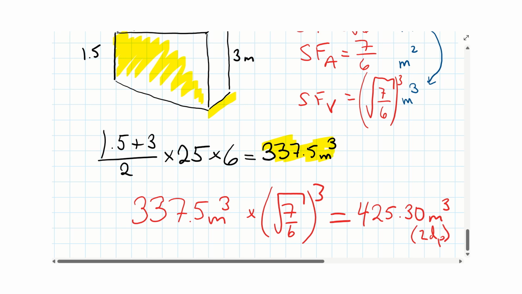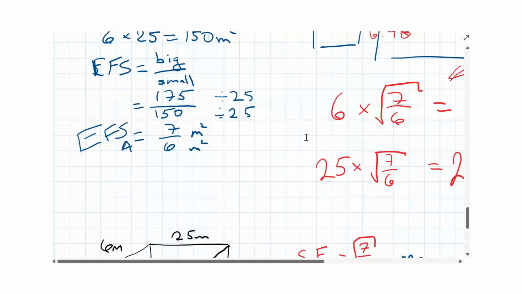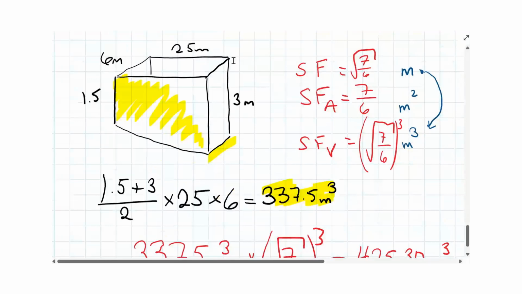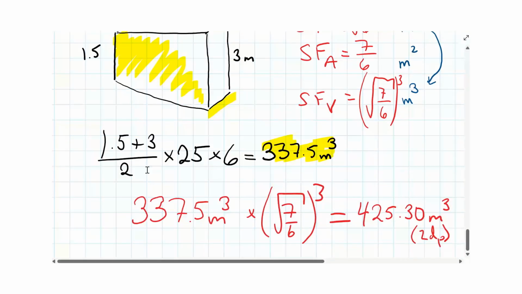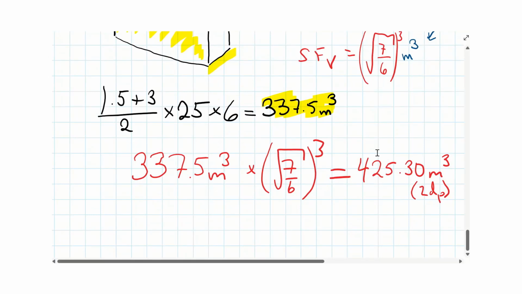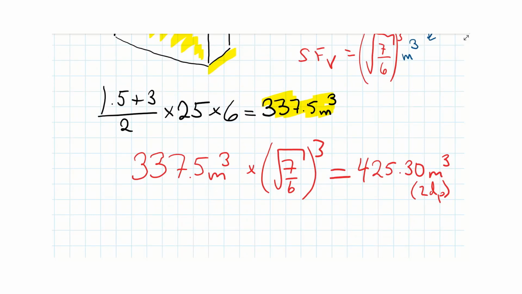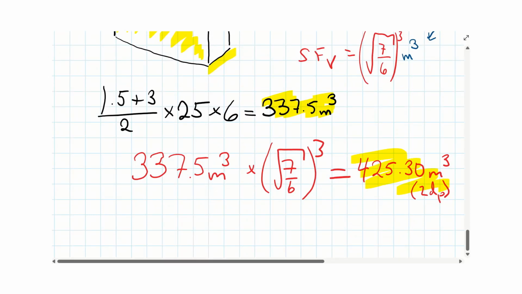If I wanted to, I could go through and do all of those calculations to figure out what the lengths of each of these were, and then do this calculation again to come up with this number. But instead, I'm just using the scale factor to the power of 3.